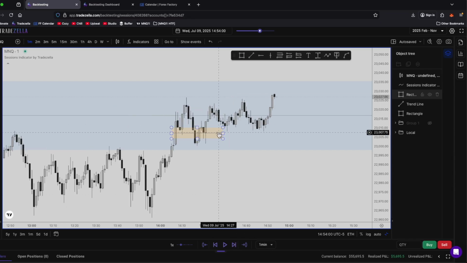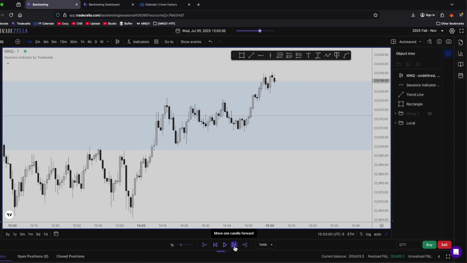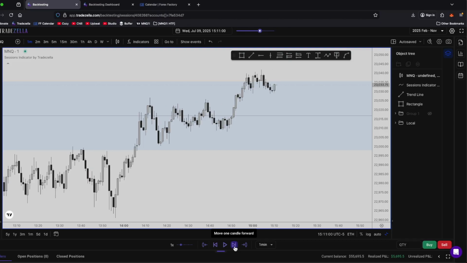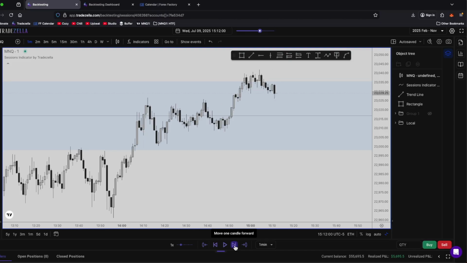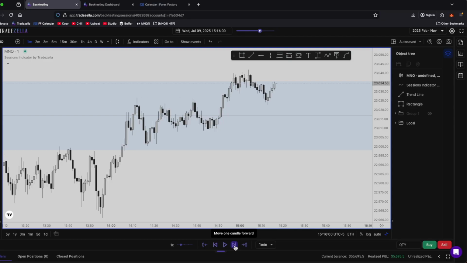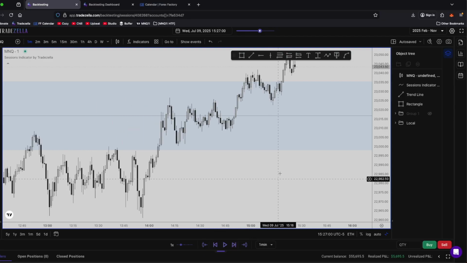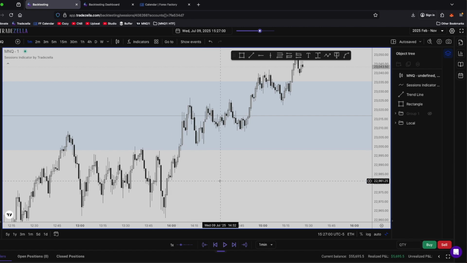Just continuing to float upwards. Three o'clock. So yeah, it's forming more liquidity down in here.